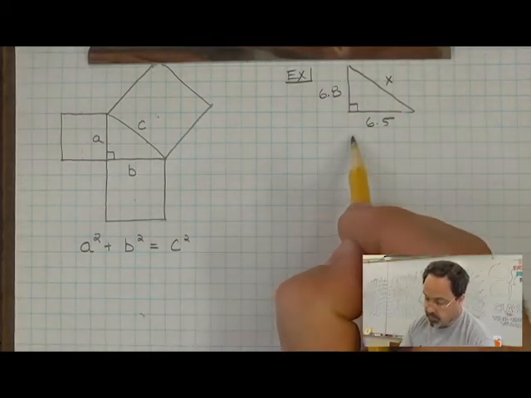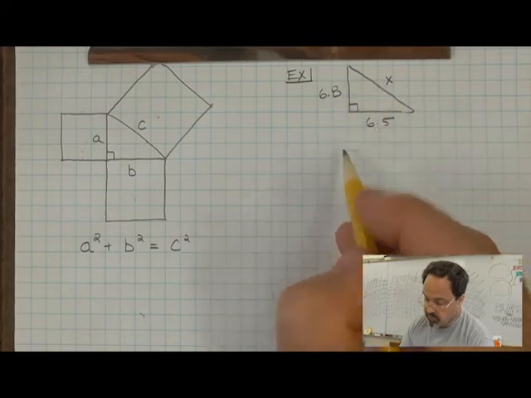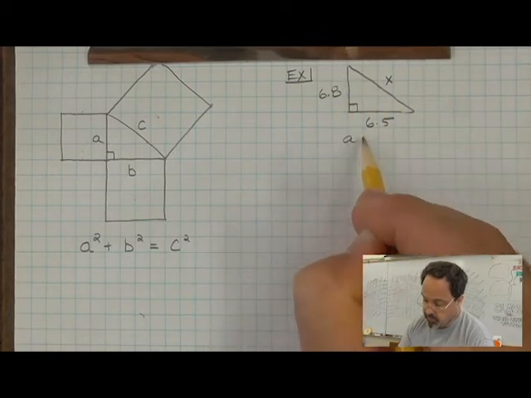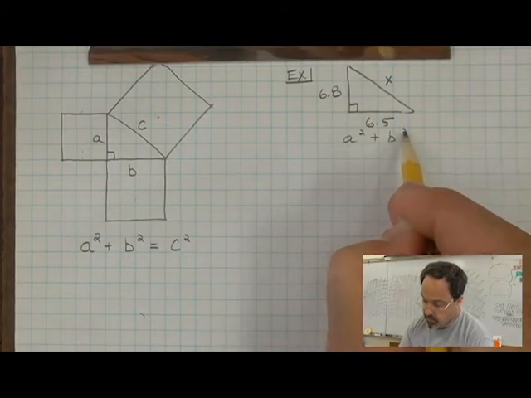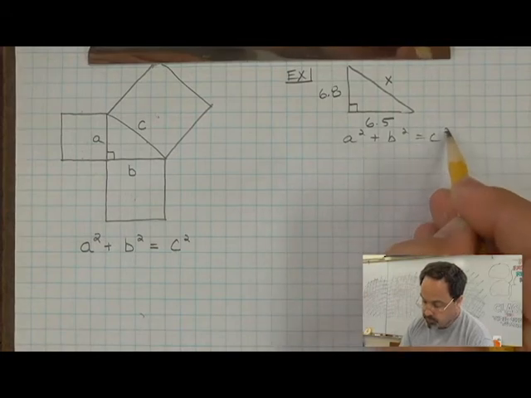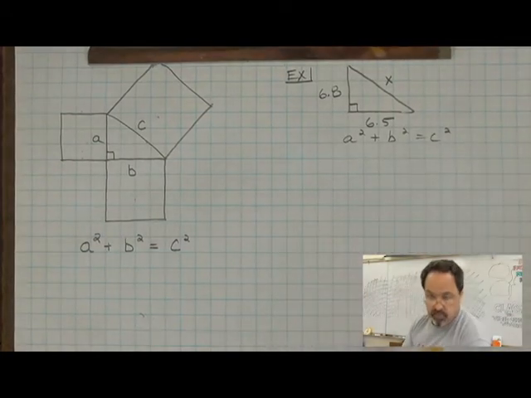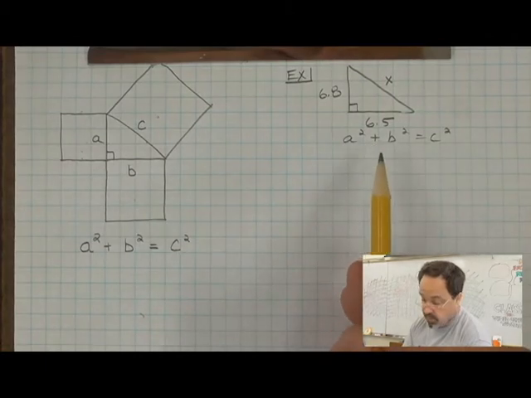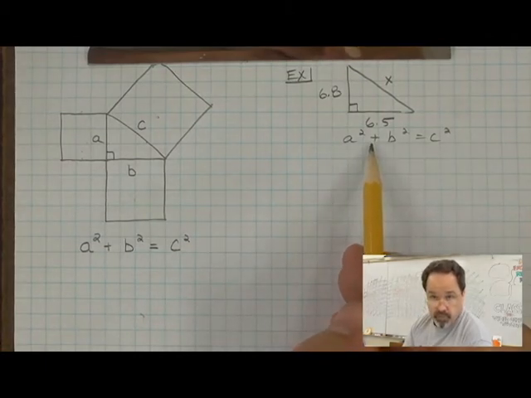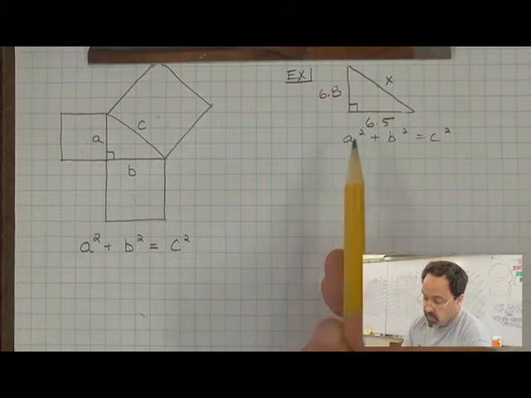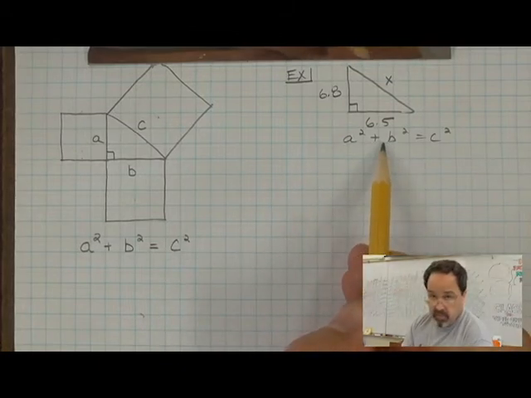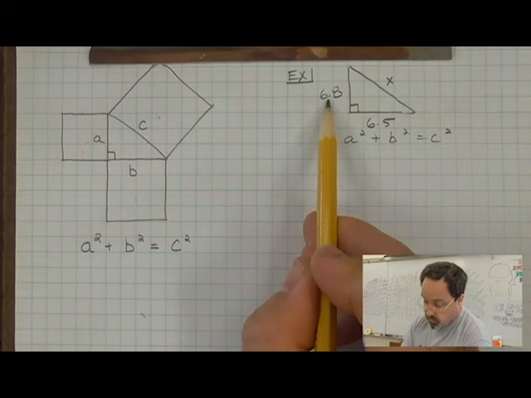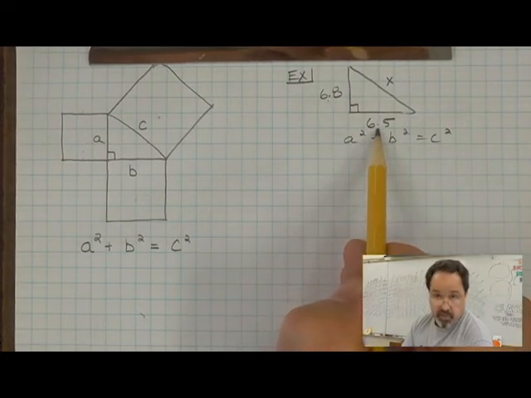Well, the Pythagorean theorem relates the three sides of a triangle. So if we start with the Pythagorean theorem, then our next step would be to substitute in the values that we know and use algebra to find the value that we don't. A and B must be the legs of the triangle, and 6.8 and 6.5 are the given measures.